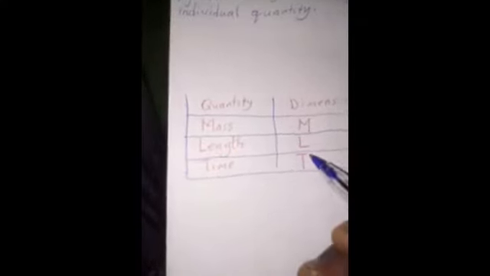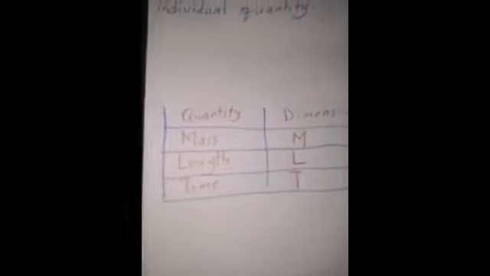The dimension of mass is capital M, the length is capital L, and time is capital T. So these are the symbols assigned to these quantities: the dimension of mass is M, the dimension of length is L, and the dimension of time is T. With these 3, we can identify all other physical quantities' dimensions.